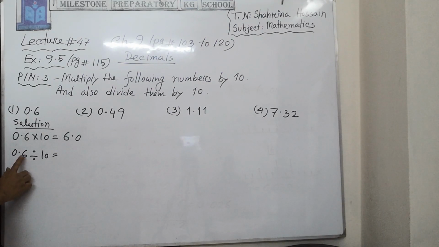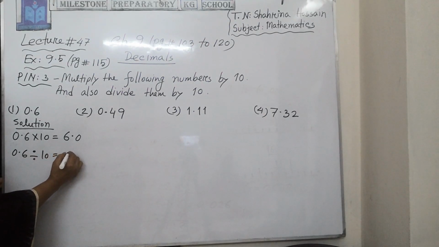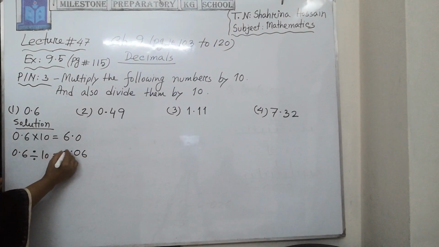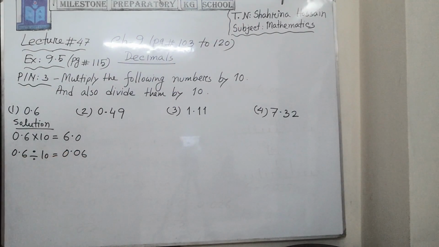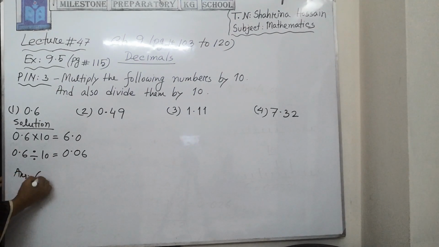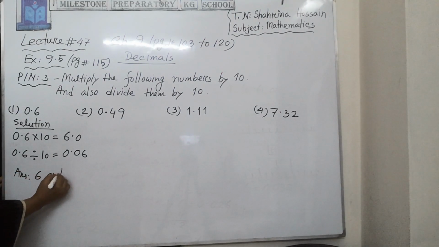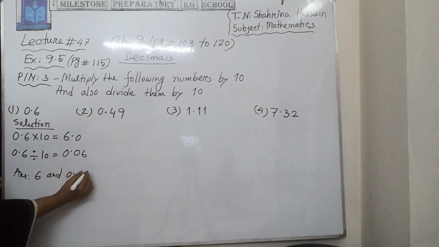So before 6 there is the decimal position; when we divide by 10 it will go before 0. That means 0.06, before decimal we will put a 0. So my answer is 6 and 0.06.